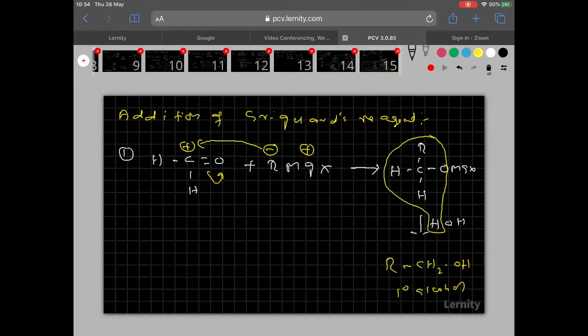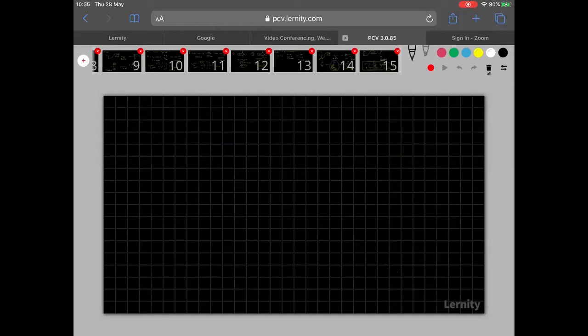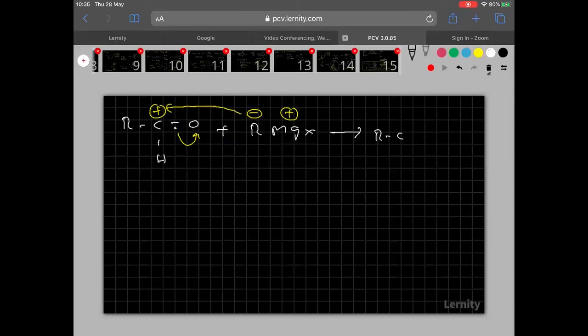Completed. Let us go to the next slide. Now, except methanol, I will take any other aldehyde. Except methanol, any other aldehyde when treated with Grignard's reagent. Here also R minus and MgX plus. When the pi bond is shifted towards oxygen, carbon gets positive charge. So R minus attacks on the carbon. Then you will get R, CH, then here R and here O MgX.